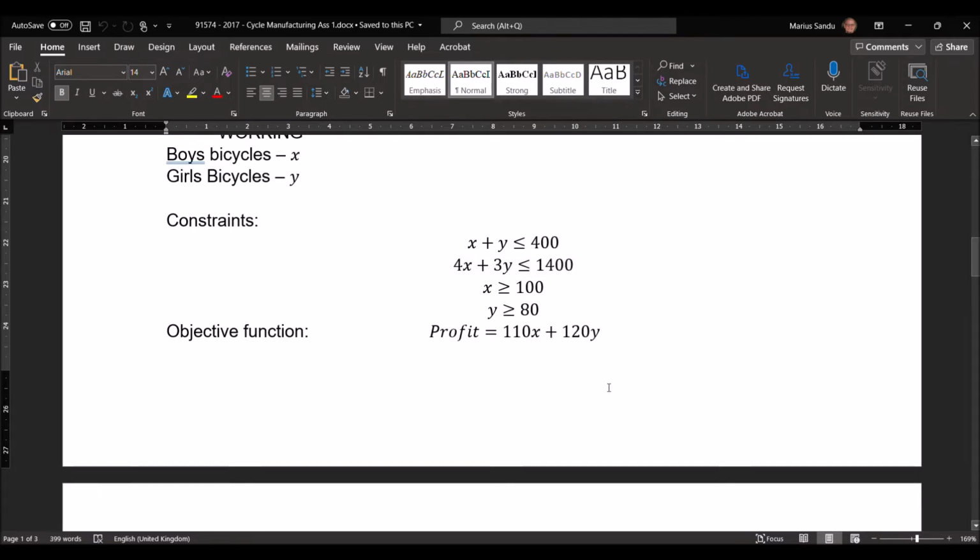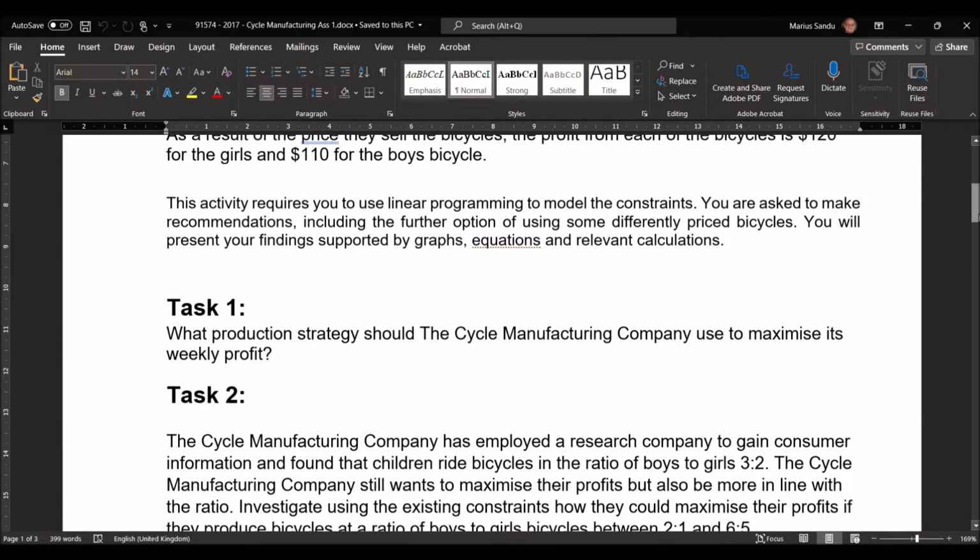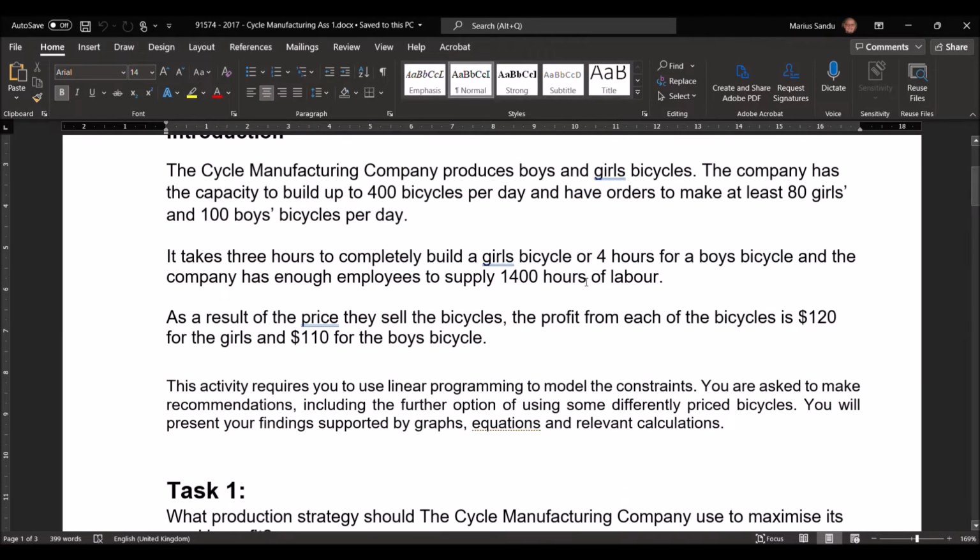And then we want to maximize the profit, and as a result of the price they sell the bicycles, the profit from each of the bicycles is $120 for the girls and $110 for the boys bicycle.